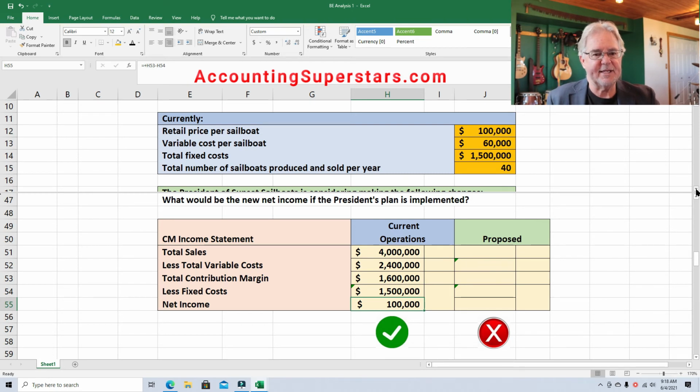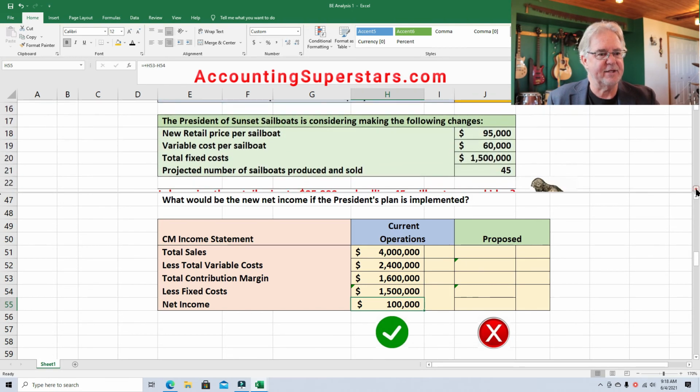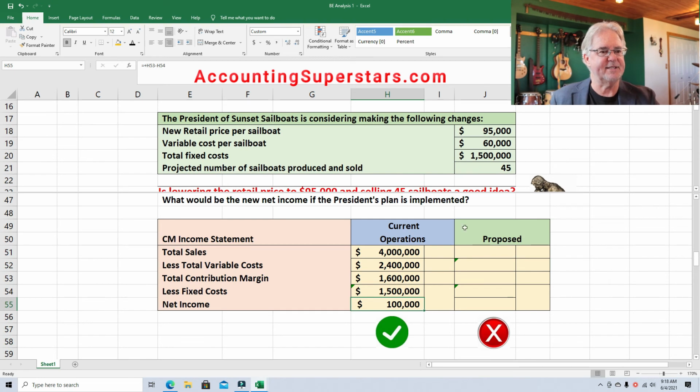Let's figure out the president's idea. Let's see how that looks. Okay, so the president is saying, hey, if we sell our boats at 95,000, we'll probably sell more boats. And the president is saying, I think we'll sell 45 boats. So 95,000 times 45 boats is $4,275,000.